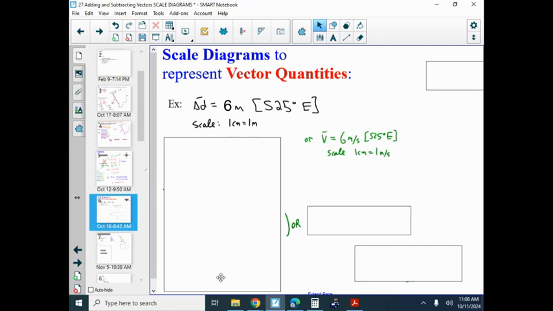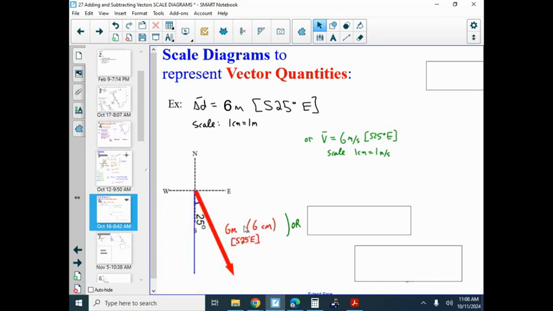So facing south 25 degrees towards east. It's going to be that kind of direction right there, following my mouse pointer. So facing south and then rotating 25 degrees towards the east. That's the vector delta D, the displacement vector.